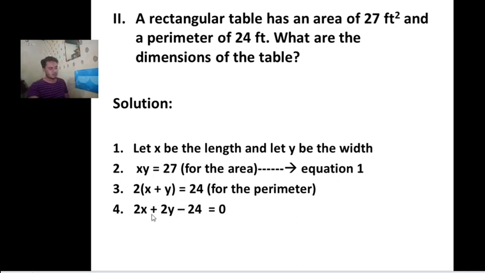So again, our equation here is 2x plus 2y minus 24 equals 0. And observe, our equation can be simplified. Why? Because the terms can be divided by 2. So we will simplify by dividing by 2. And the new equation is x plus y minus 12 equals 0. And this will be our equation number 2.